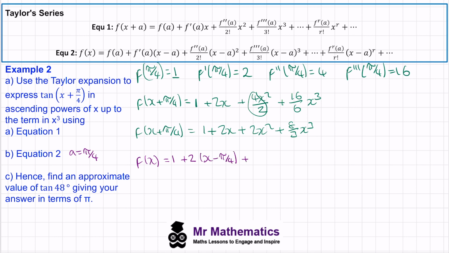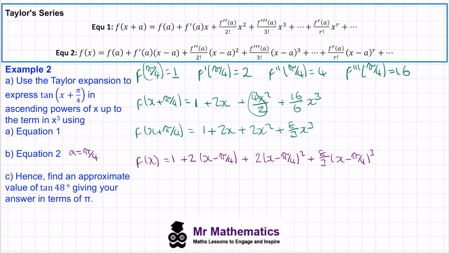Plus f double dash, so 4 over 2 factorial. So lots of x minus a squared, so x minus pi over 4 squared, plus f triple dash of a over 6, which we know is 8 over 3 x minus pi over 4 cubed.